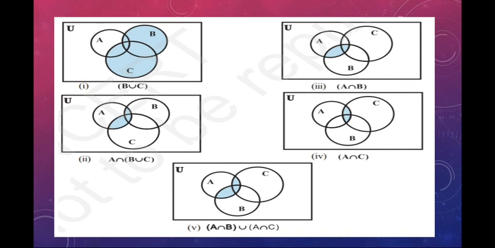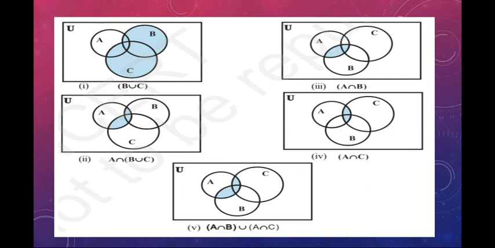Now here various kinds of Venn diagrams are given. Look at here, in the first diagram, this is the shaded portion. If you look at the blue shaded portion, this is the collection of all the elements of B as well as C. So the first one is the Venn diagram of B union C. Now if you look at the second figure, the blue shaded portion is the common part of A and B, right?